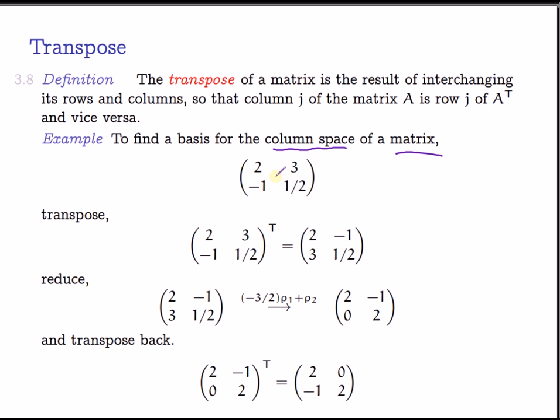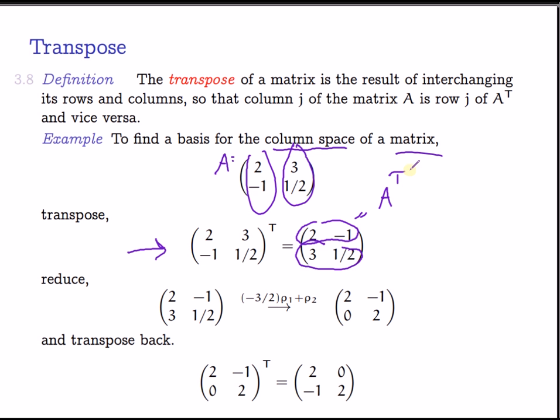I do that by taking the transpose. So the first column here, 2, minus 1, becomes the first row of its transpose, 2, minus 1. The second column of the matrix A, 3, 1/2, becomes the second row of the matrix A transpose.